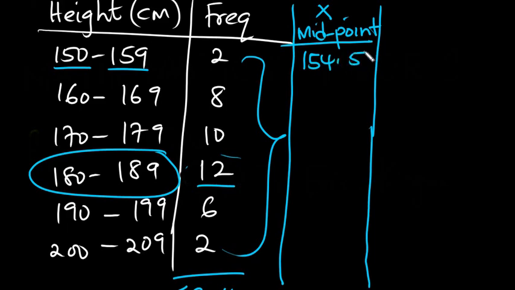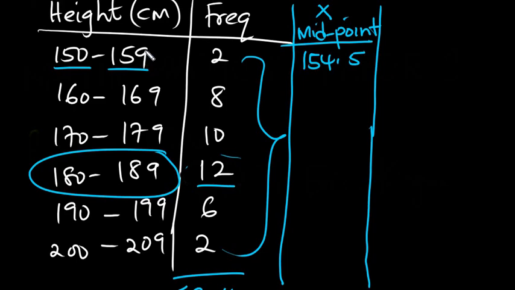The reason why we do this is because we are estimating. For example, for this class 150 to 159, we have two athletes who had a height between 150 and 159, but we don't know the exact height. We don't know whether it was 151, 154, 157. So what we do is estimate, and the estimate that we use is the value at the middle of that class. That's why we add 150 and 159 and then divide by 2.